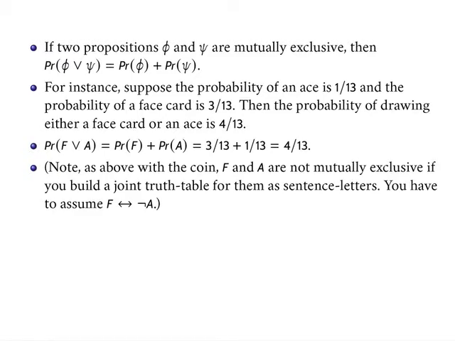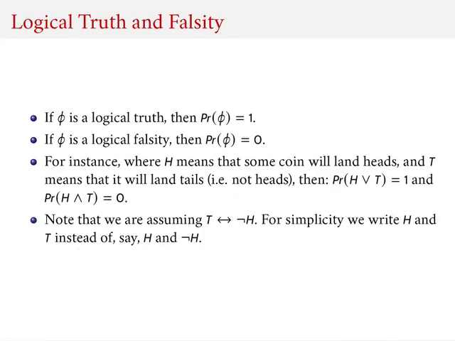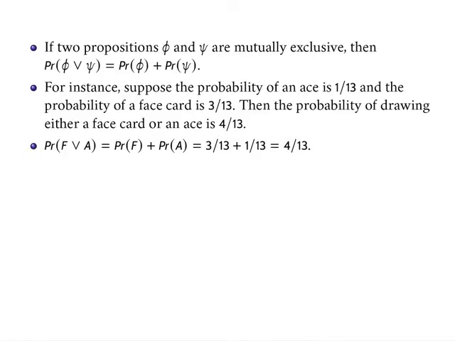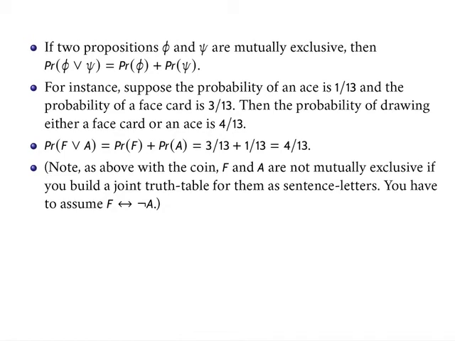So now note that just like I was talking about with mutually exclusive propositions about tosses of a coin, we're making similar assumptions. That is to say that if you built a joint truth table for the atomic sentence letter F and the atomic sentence letter A, you would find that they're actually not mutually exclusive.